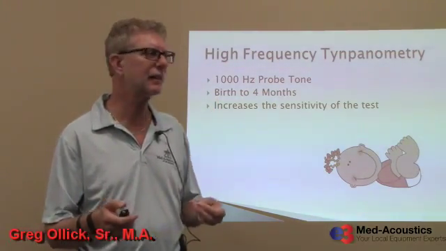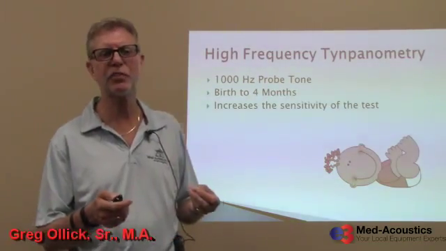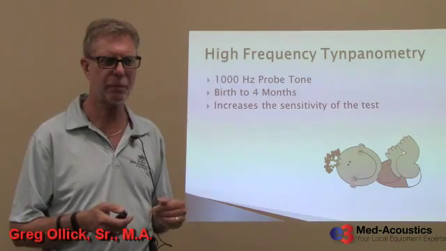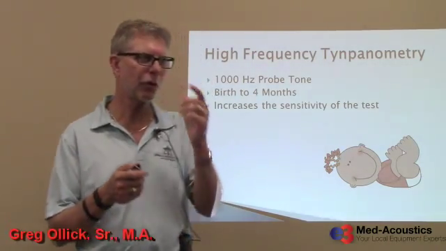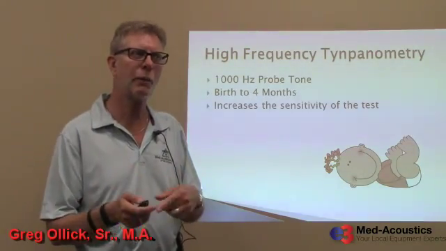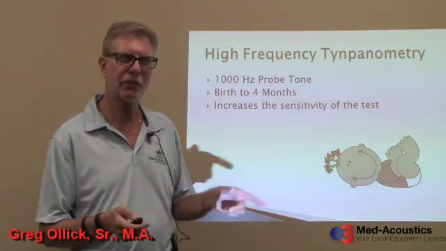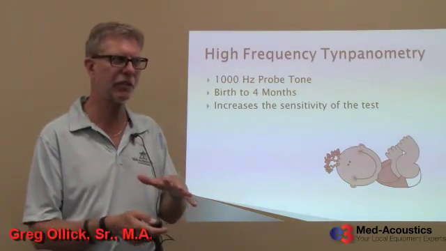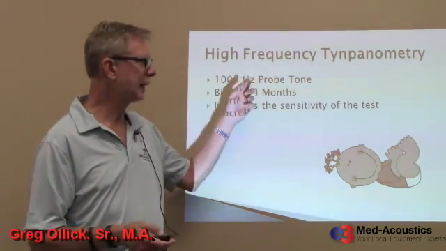They found that if they changed some of the measurement criteria, including the probe tone frequency, because of the shorter wavelength, they were able to detect abnormal tympanograms efficiently and increase the sensitivity for just that patient group by adding this feature.